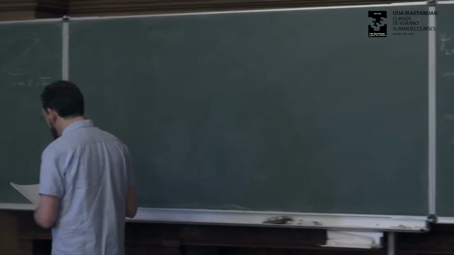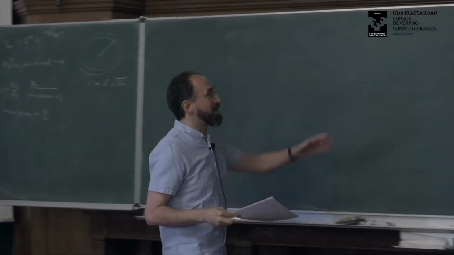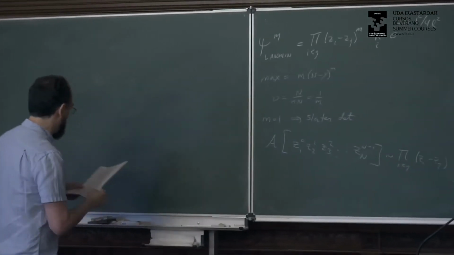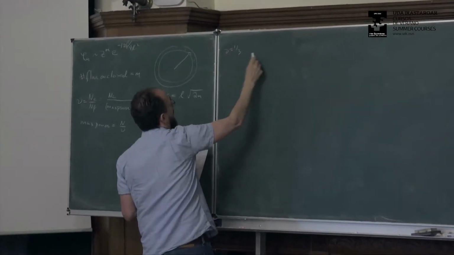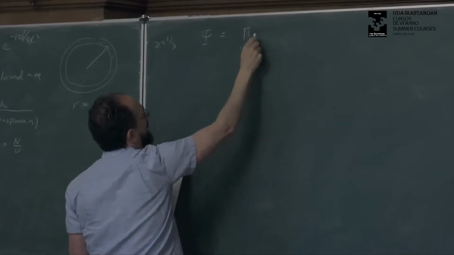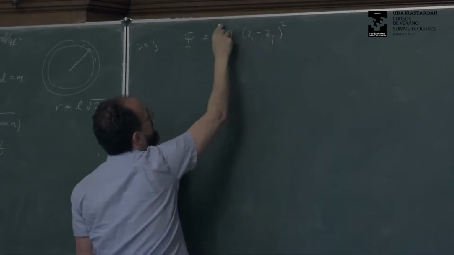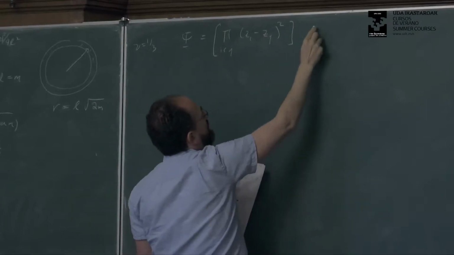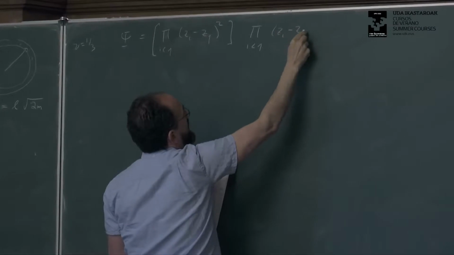Now, a bit of inspiration came to Jainendra Jain, which was to take a Laughlin wave function like nu equals 1/3 and rewrite it as psi equals the product over i less than j of zi minus zj squared, times another factor, the product over i less than j of zi minus zj.